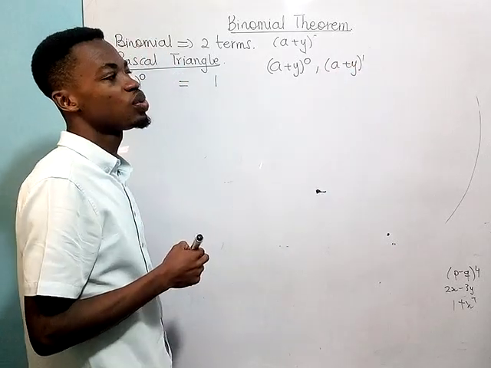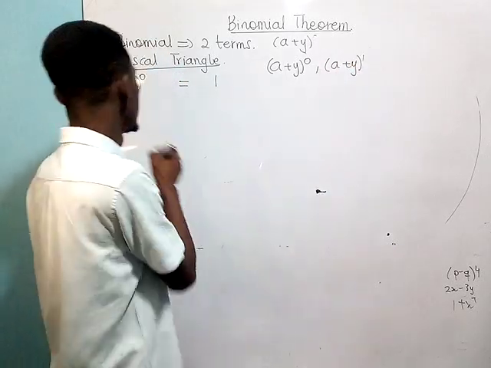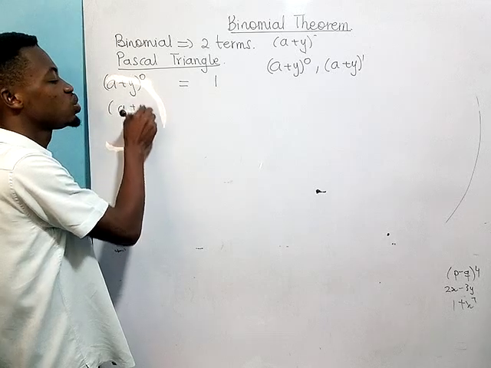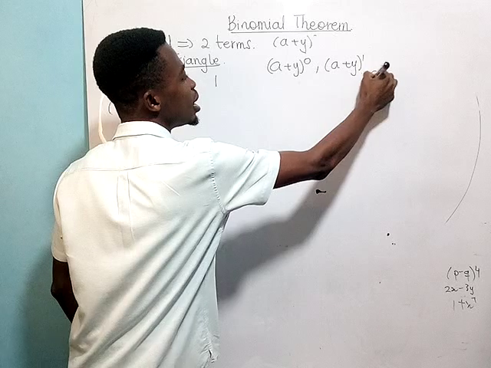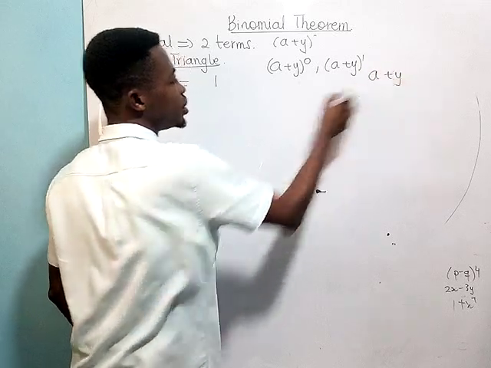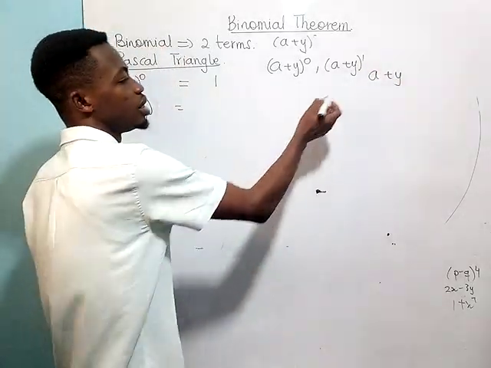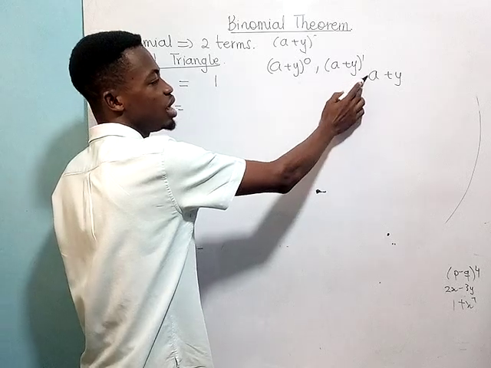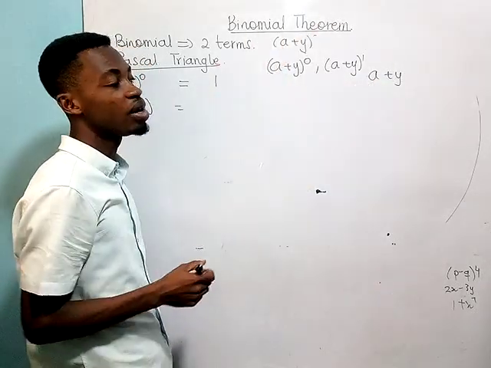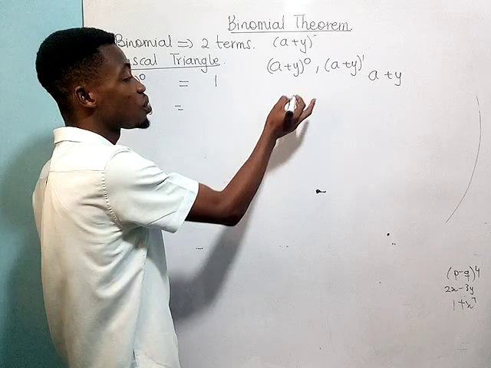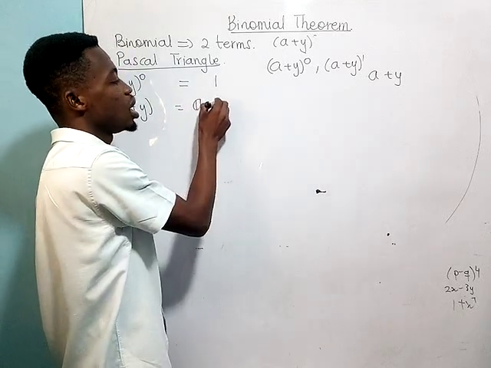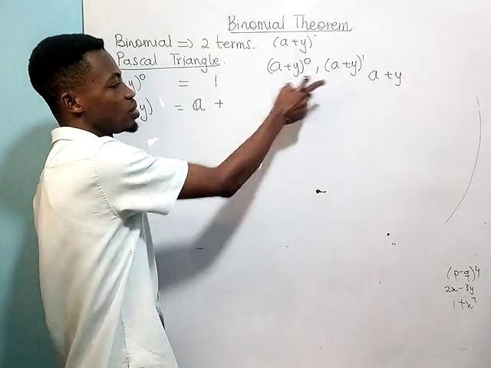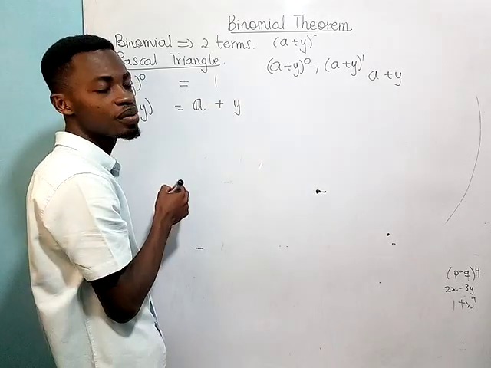A plus y to the power 1 is going to give us a plus y. Now here, let's look at the coefficients of the a and the coefficients of the y. You get to see the coefficient of the a is 1, and that of the y is also 1.